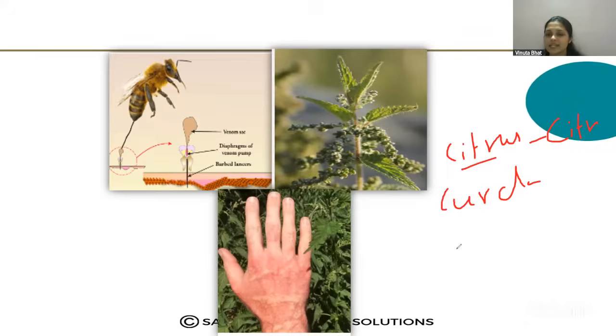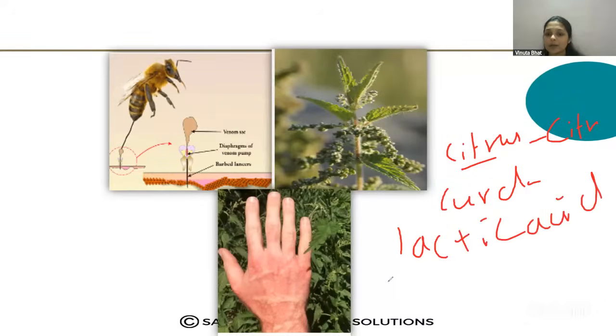Anybody, please comment. Yes, Lactobacillus, that is the bacteria. I'm asking about the acid. Yes, very good. Many students are commenting lactic acid. Yes, lactic acid. Very good.